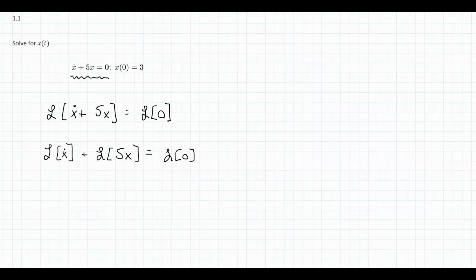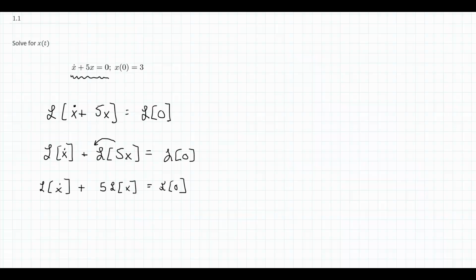So I was able to split that sum on the left into two Laplace transforms. And I can simplify this a little bit more. For the Laplace transform of 5x, a constant like 5 I can take outside of that Laplace transform. So it's the same as 5 times the Laplace transform of x.